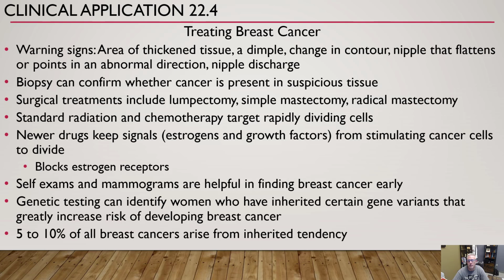They're going to do a biopsy, but you might get a lumpectomy, a simple mastectomy, a radical mastectomy, chemotherapy, or radiation. Some of the newer drugs block signals from stimulating cancer cells to divide. So basically what we're doing is blocking estrogen receptors.